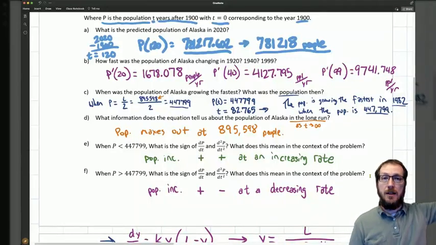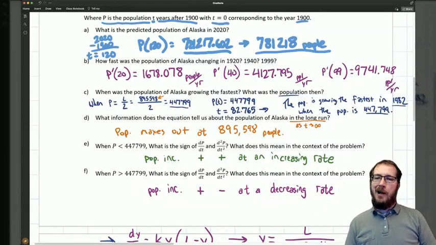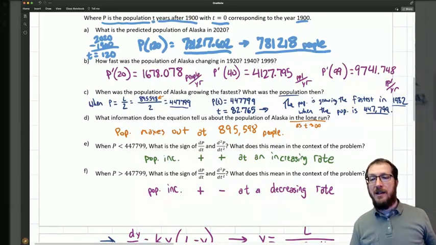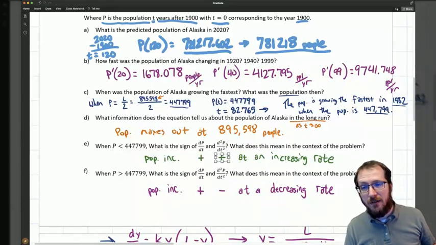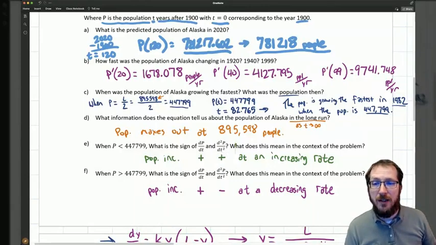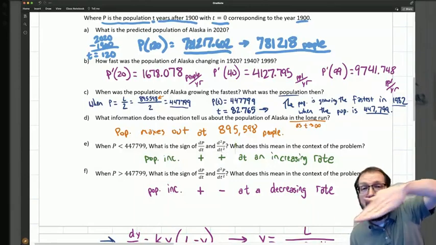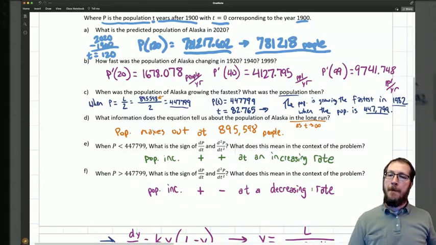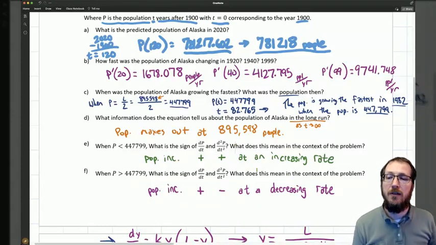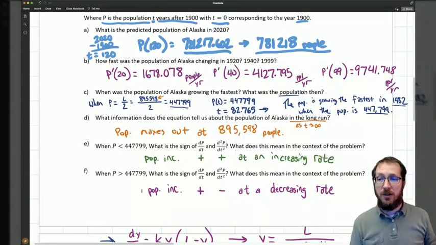It's going to be increasing, right? All where our function is defined. Up until that inflection point, the second derivative, again, think about that as acceleration, the change in the rate, is also increasing. It's getting steeper, right? It's increasing at an increasing rate is what the population is doing, right?